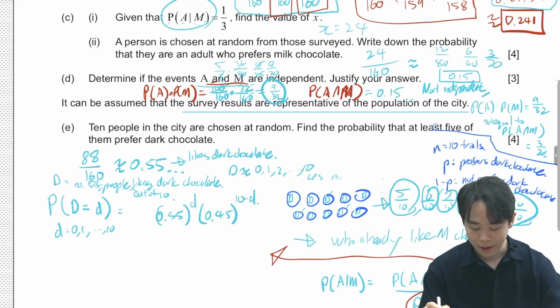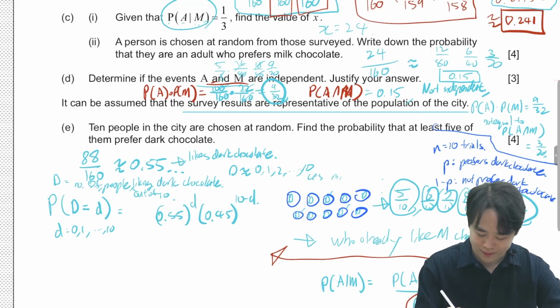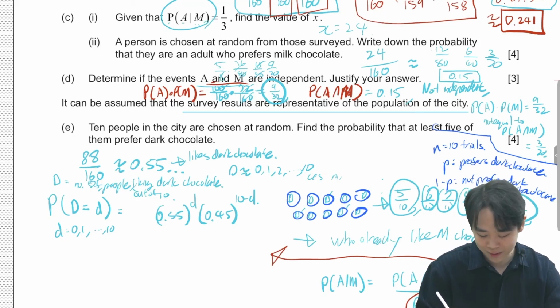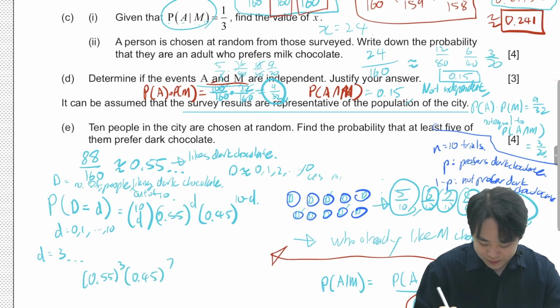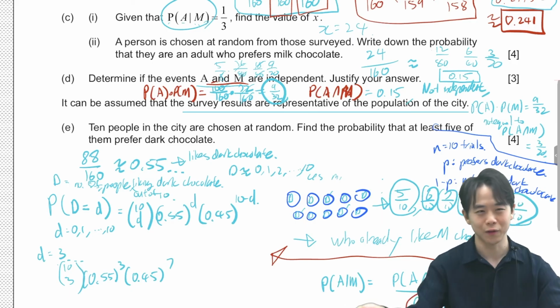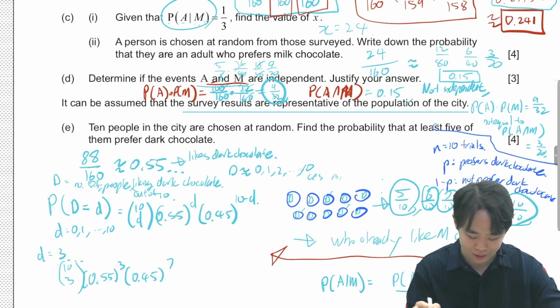Now, out of the 10 people, which d of them will like chocolate? So we would have to do 10 choose d. So for instance, if you have d equals 3, we would do 0.55 to the power of 3, 0.45 to the power of 7, then we do 10 choose 3, because 3 out of 10 of those will like dark chocolate, or 7 out of 10 of those will not like dark chocolate.